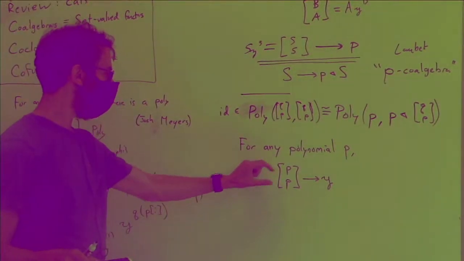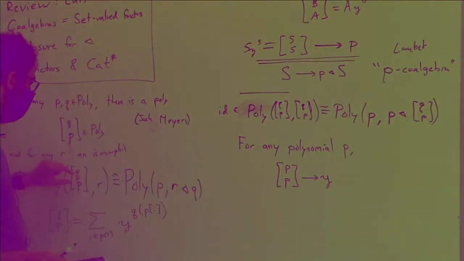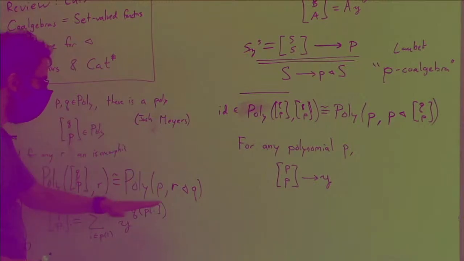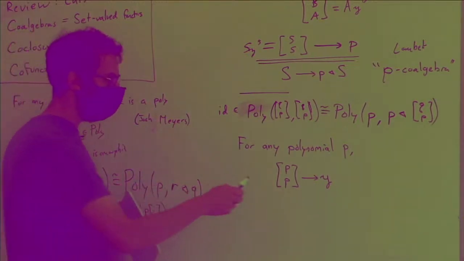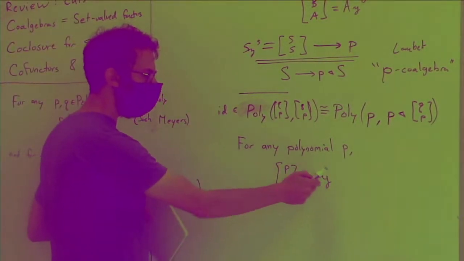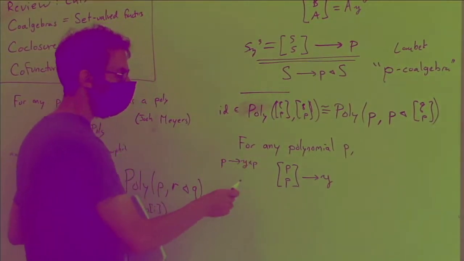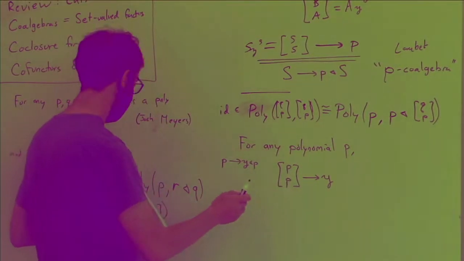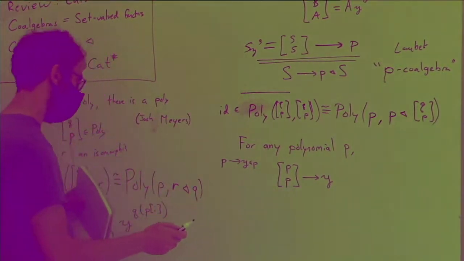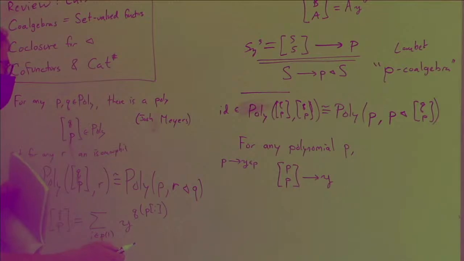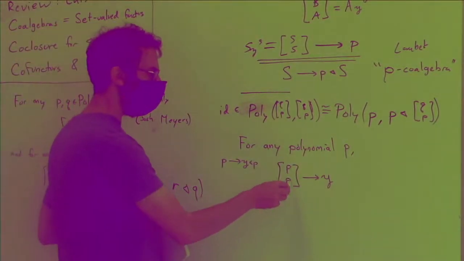Because a map from PP to anything would be the same thing as a map from P to that thing composed P. And I, of course, have a map from P to P. And that gives me a map from PP to Y. Did I do it backwards? No. OK. So I get a map from PP to Y.